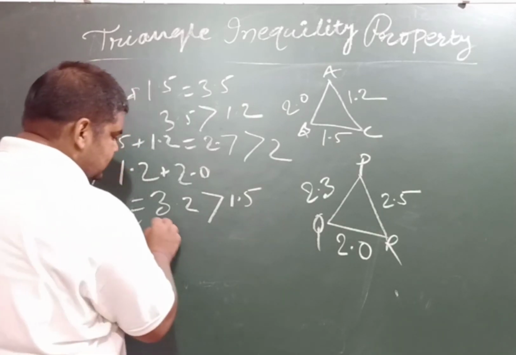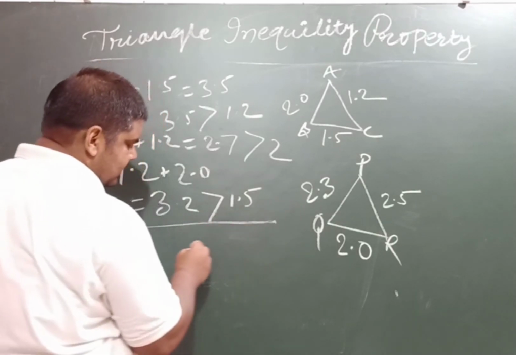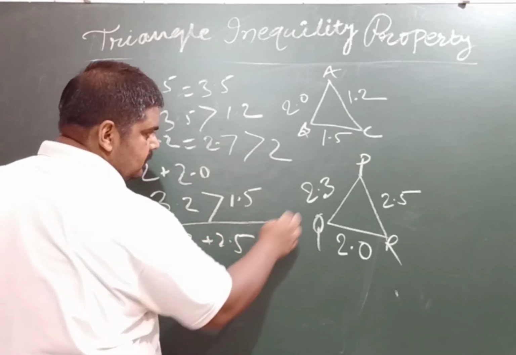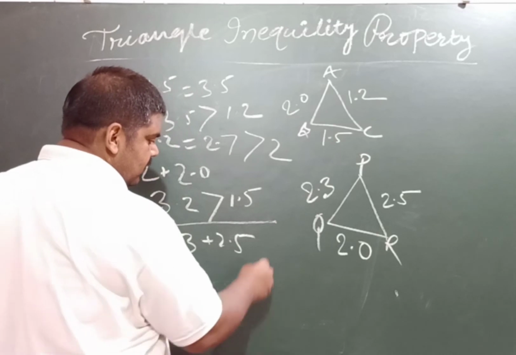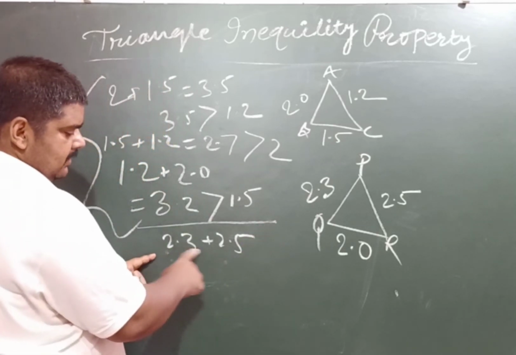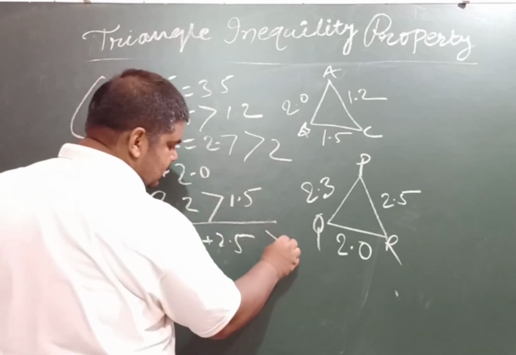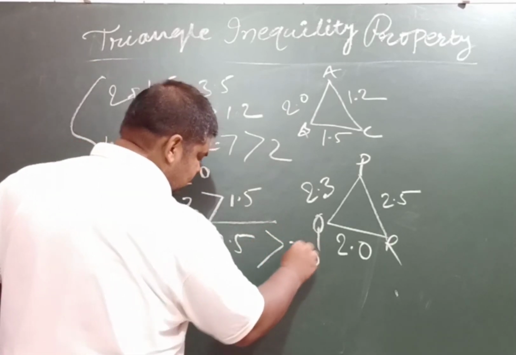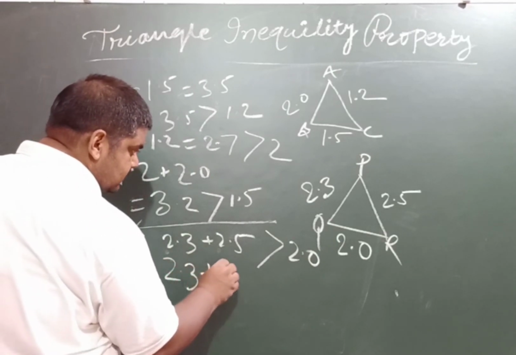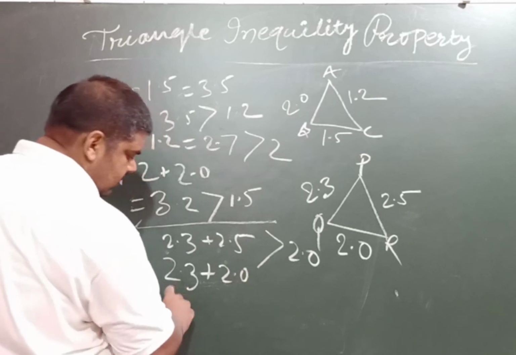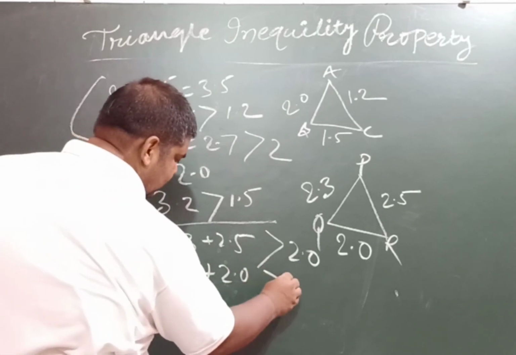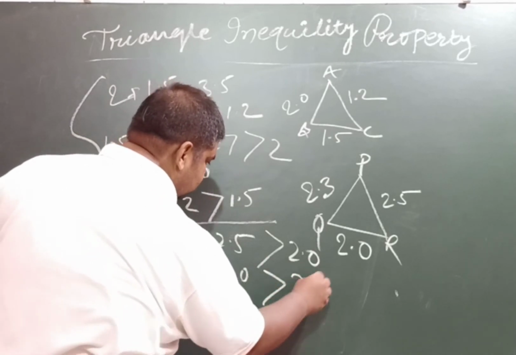In the second case, similarly check 2.3 plus 2.5; the sum of these two is 4.8, and it is greater than 2.0. Similarly 2.3 plus 2.0 is 4.3, and it is greater than 2.5.